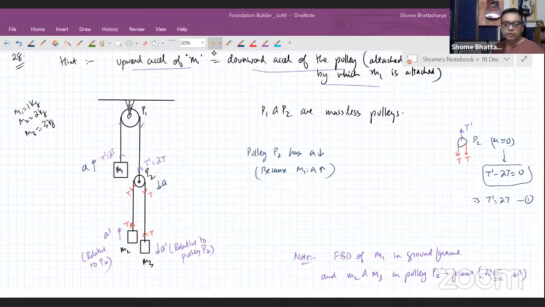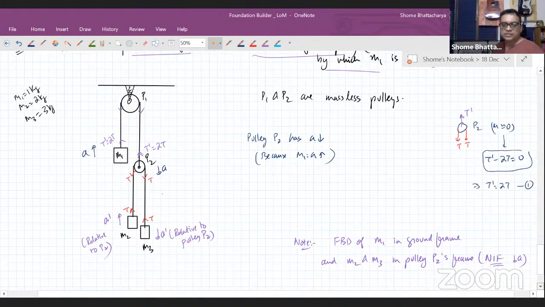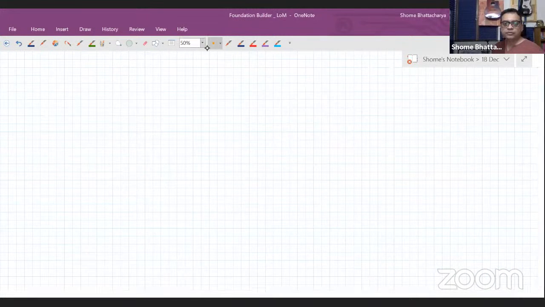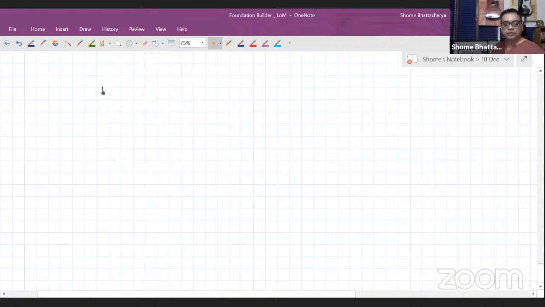Okay, so I'm moving on to make the free body diagrams now. So as I said, we'll make the FBD of the block M1 in the ground frame. So M1 in the inertial ground frame is going up with an acceleration of A, and the forces acting on it are T prime, which we've already written as 2T, and the weight M1G.